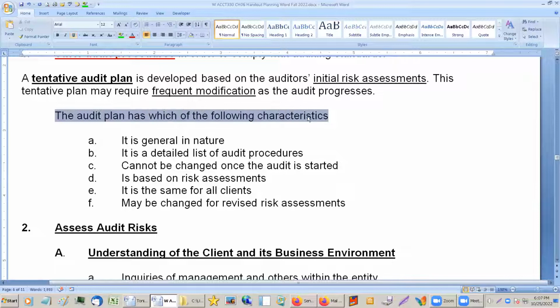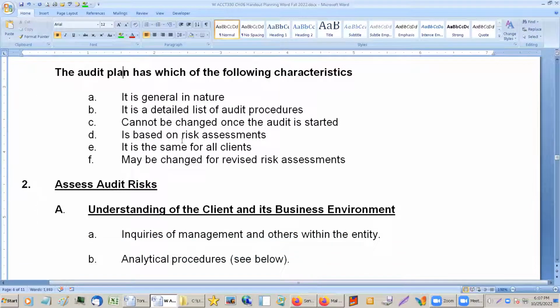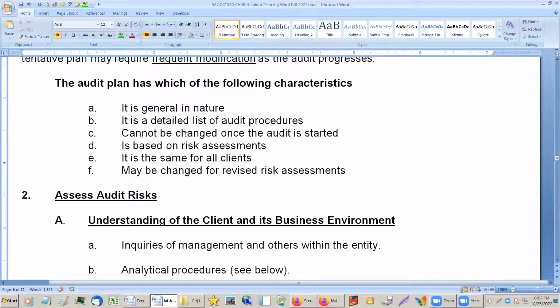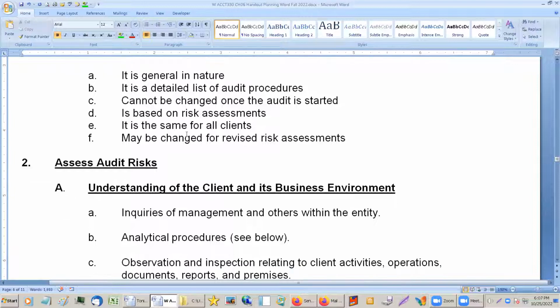Okay, so the audit plan has which of the following characteristics? Is it general in nature? Nope. Detailed, yes. So it's a detailed list. Cannot be changed once the audit is started.